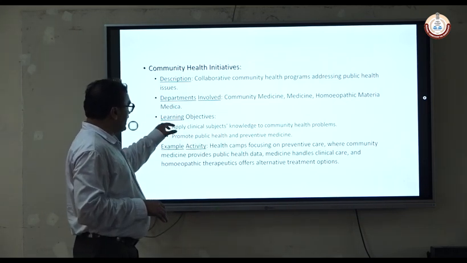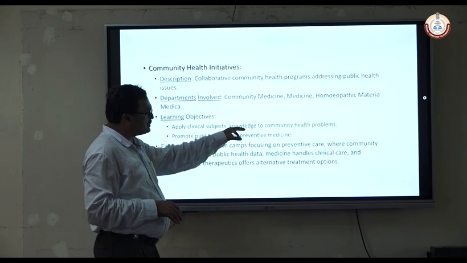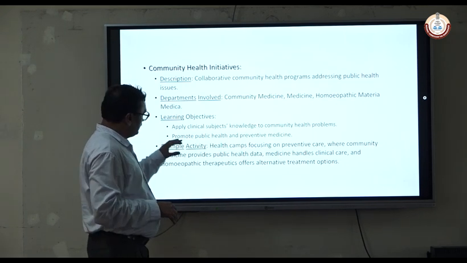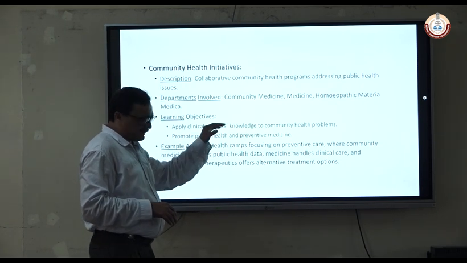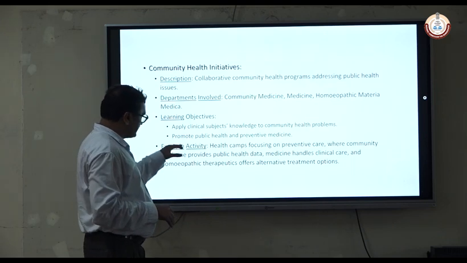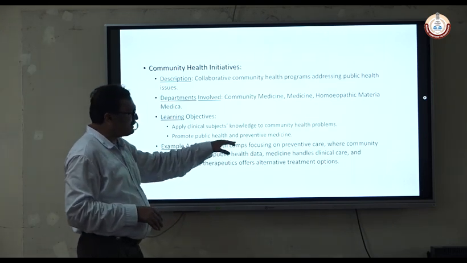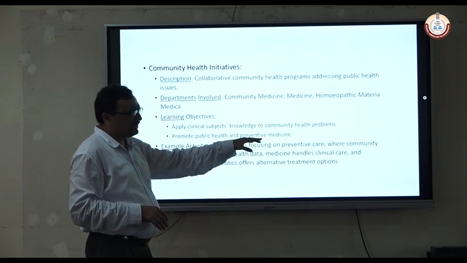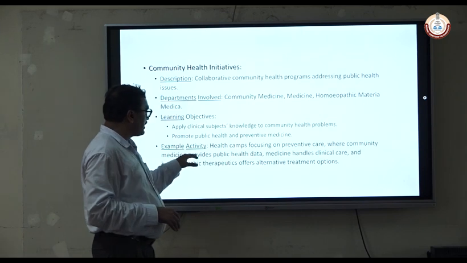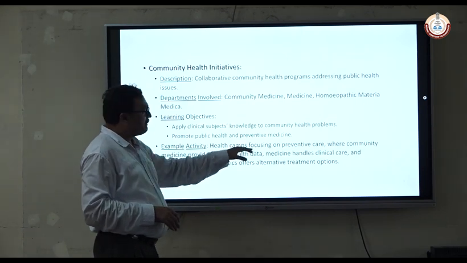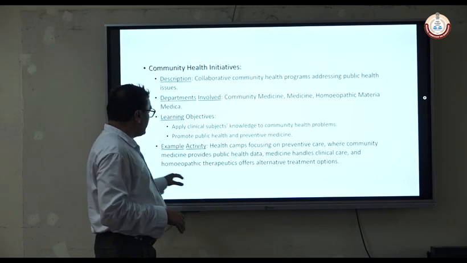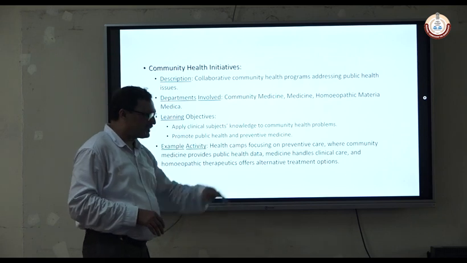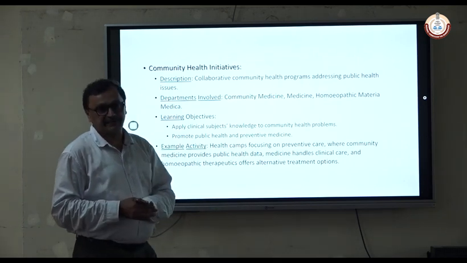Learning objectives: apply clinical practice knowledge to community health problems, promote public health and preventive medicine. Example: health camps focusing on preventive care, where community medicine provides public health data, medicine handles the clinical care, and the homeopathic software offers the alternate treatment.